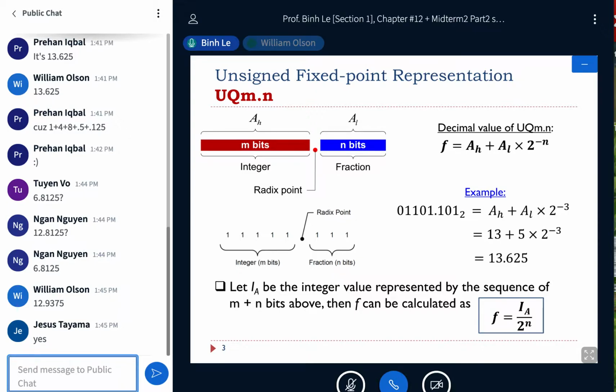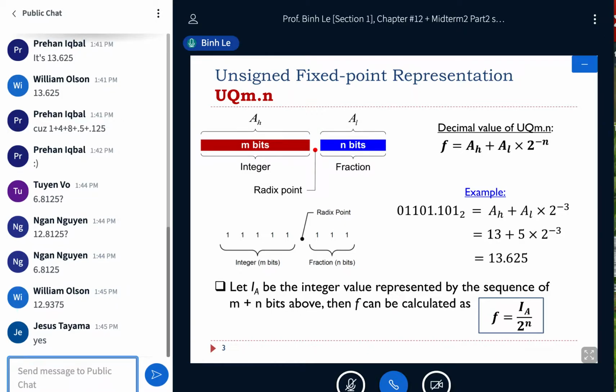So let me do it right now. Come back to the scientific calculator, and 13 divided by 16 equals 0.8125. Wonderful. So Twin's answer is correct.